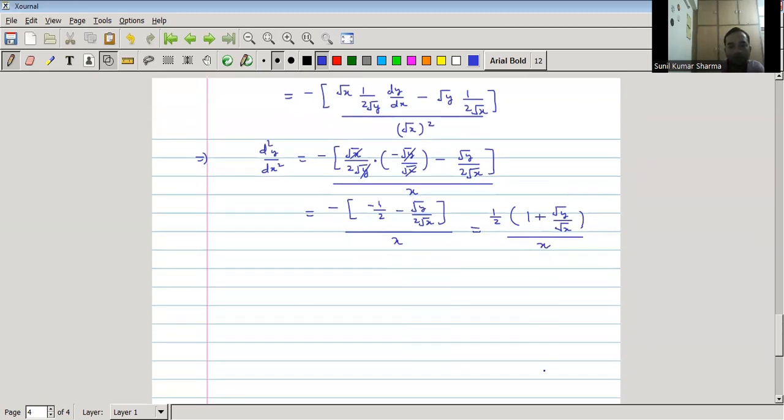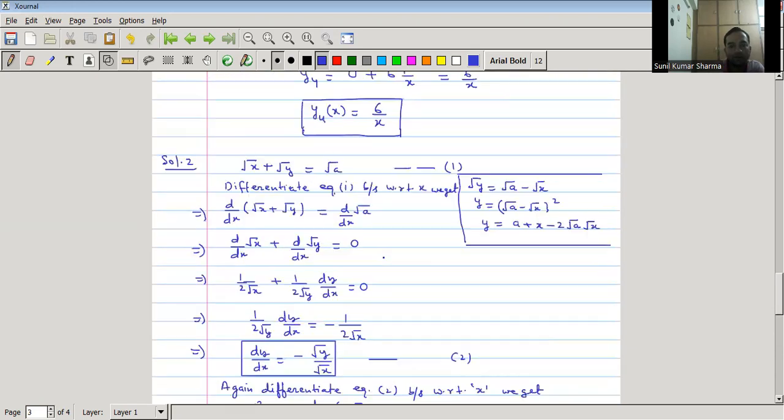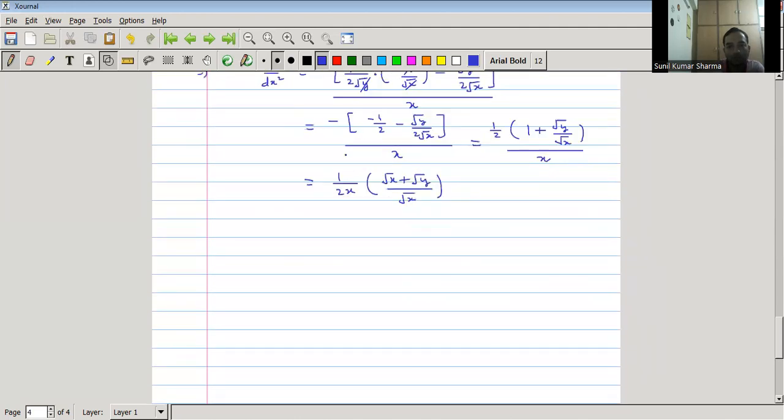So we can also write this as 1 upon 2x. You can take under root x as LCM. So under root x plus under root y over under root x. Now, since under root x plus under root y in equation 1 is given as equal to under root a, we can put the value.